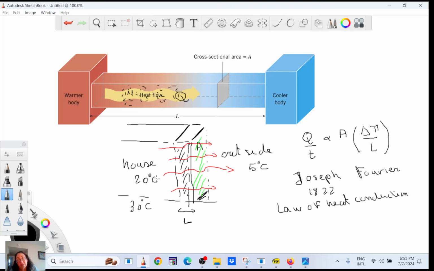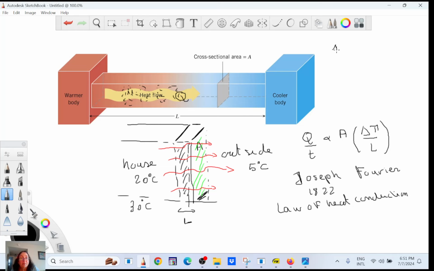So the larger the difference in temperature, the faster the thermal energy, or the heat, is going to flow. But it's per unit length. I will explain why.